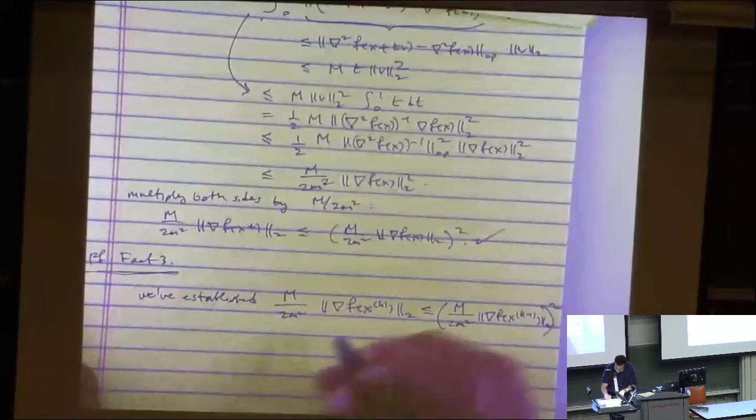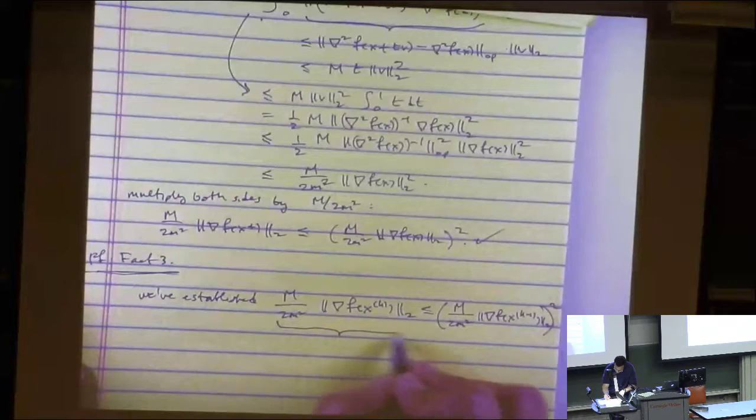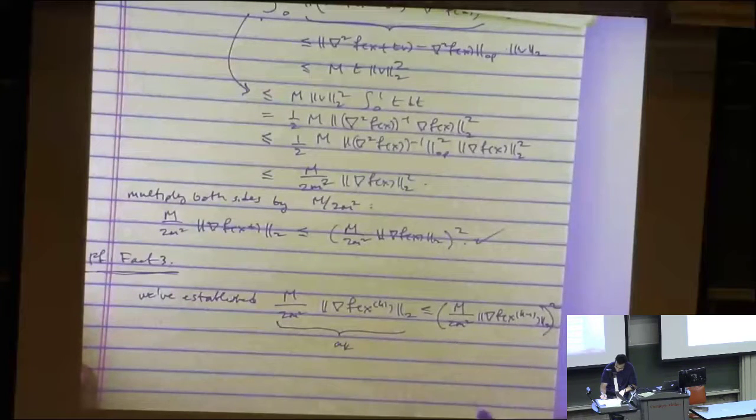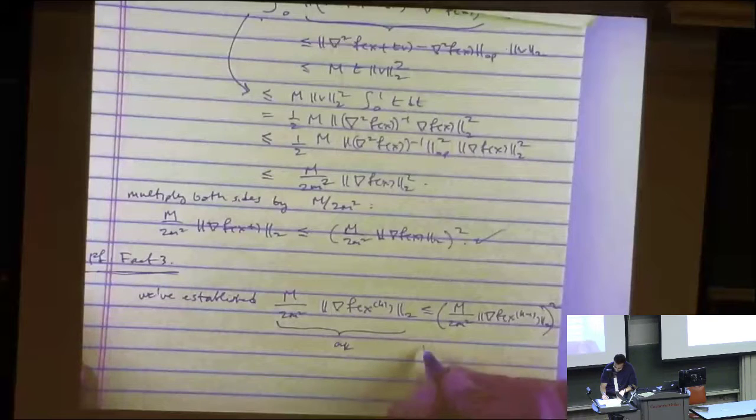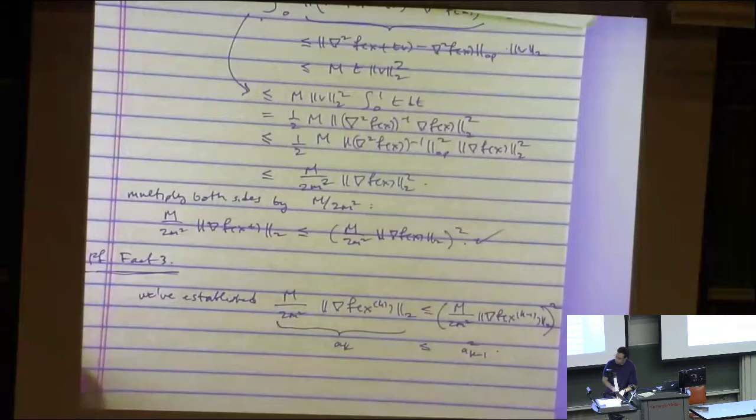Let's just call this, for convenience, a_k. Then we've proved that a_k is less than or equal to a_{k-1} squared. That's the kind of inequality that we've produced. This is a quantity that's going to determine how fast the algorithm is converging.